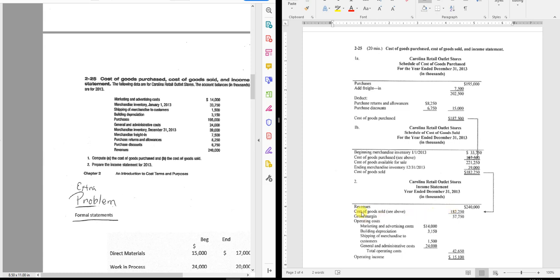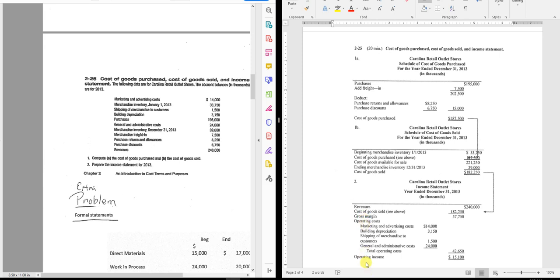But anyway, my statement is revenues minus cost of goods sold is gross profit, minus operating expenses equals operating income. And if you look back at your very first page, I have put sales instead of revenues. So sales minus cost of goods sold is gross profit or gross margin, same thing, minus operating expenses is operating income.